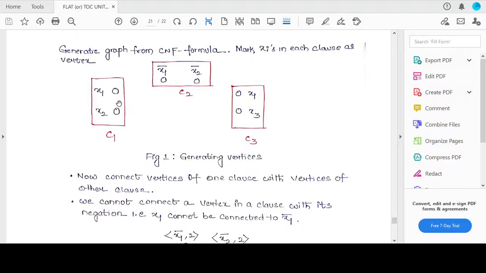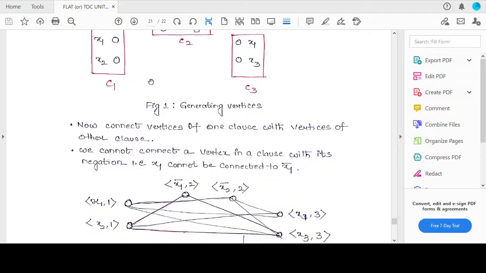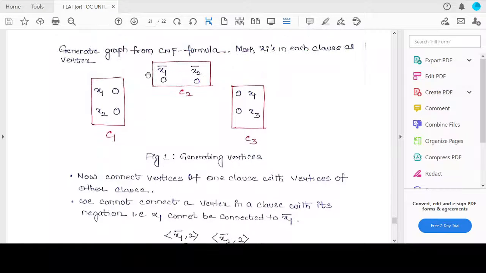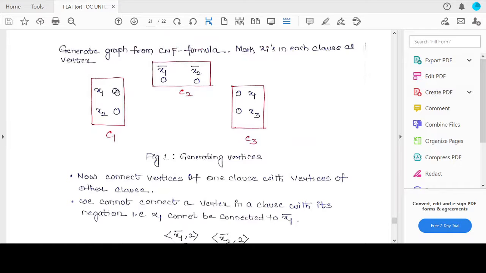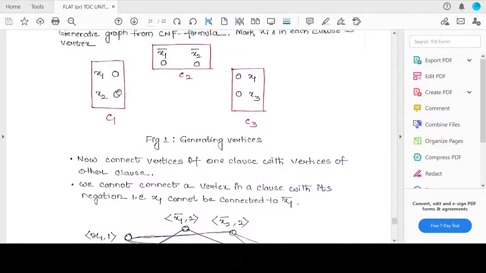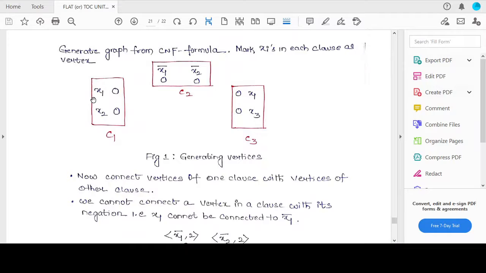Now we have to connect these vertices such that we get a graph. There is a rule for connecting the vertices. Each vertex in each class must be connected to the vertices of every other class. One constraint is that you cannot connect a vertex in one class with its negation in another class.